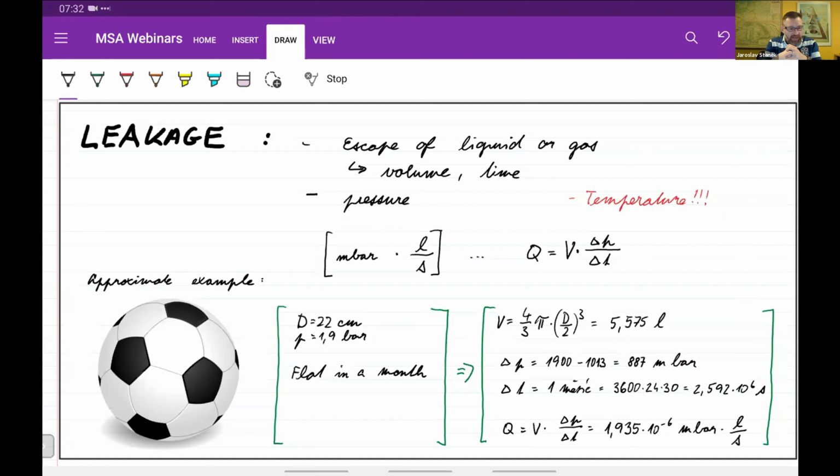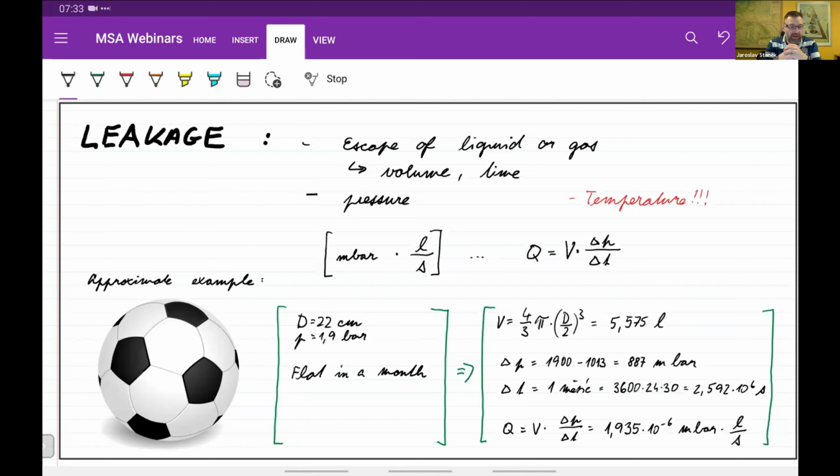I've made a very approximate example on a ball. Let's say we have a football of 22 centimeters in diameter, and it's pressurized to 1.9 bars. And that is to say, in an absolute value.